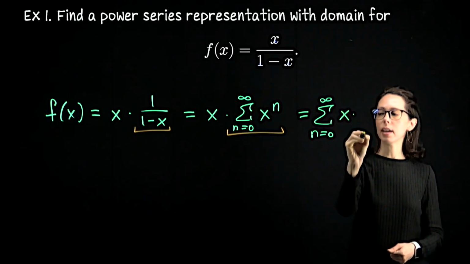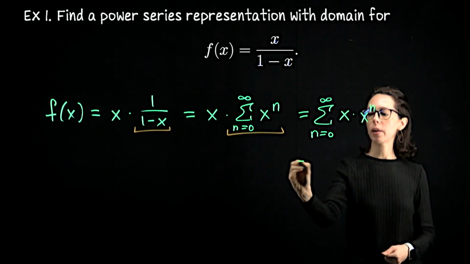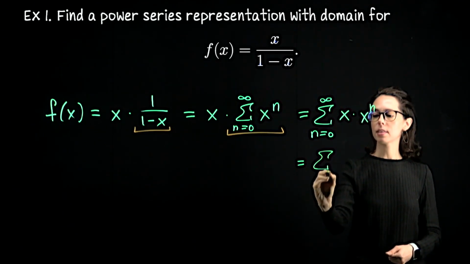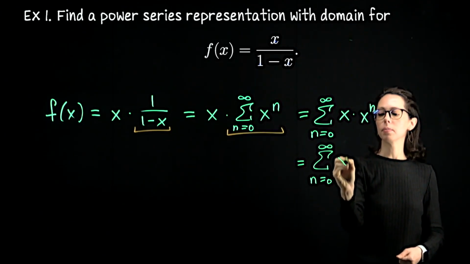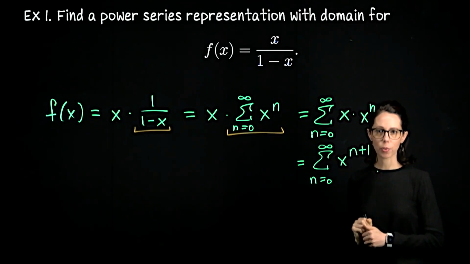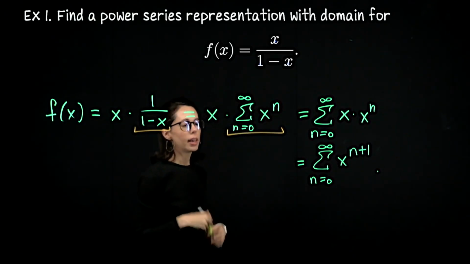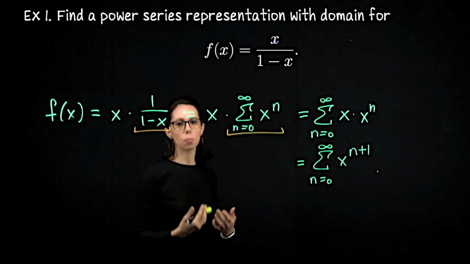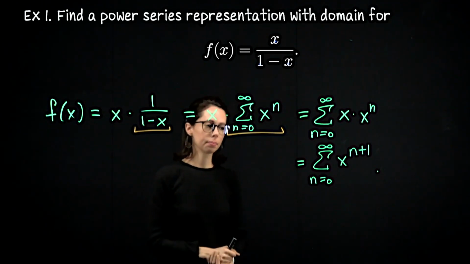So that's x times x to the n. This is the extra step, though. Typically, what I would do at this point is write that this is the series from n equals 0 to infinity of x to the n plus 1. Okay, so that is a power series representation for this function. If I start to expand it, it's going to be x plus x squared plus x cubed plus x to the fourth. It's just like this one, except every term has been multiplied by x.